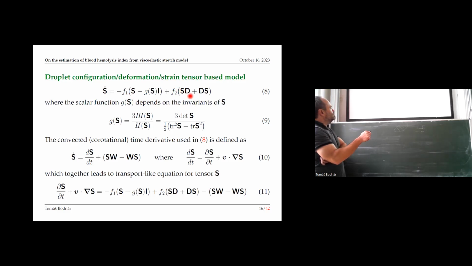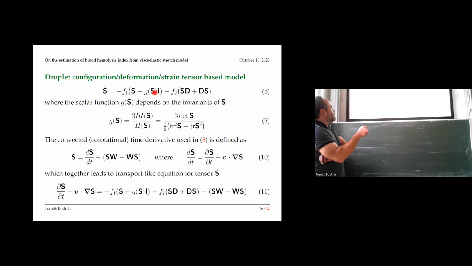The second one, again, D is the symmetric part of the velocity gradient. So this is responsible for, let's say, the viscous response of the droplet or red blood cell. And this is a term that is responsible for the return to spherical shape, or to the original shape from the deformed one.